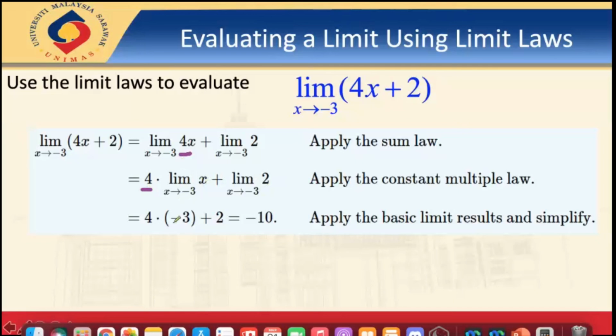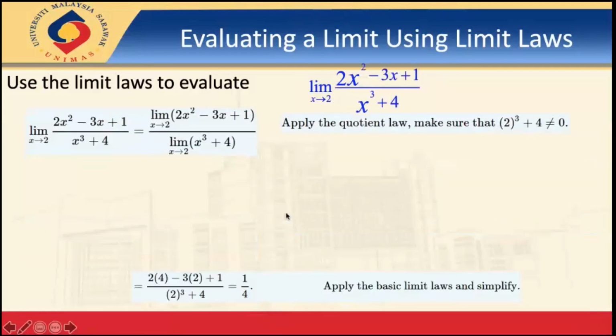So now if we replace the limit of x approaching -3 with the value -3, multiplied by 4, plus 2, because it is a constant function. So 4 times -3 is -12, plus 2. So -12 plus 2 equals -10. So in this way we can evaluate these types of limits, applying the laws of limit.